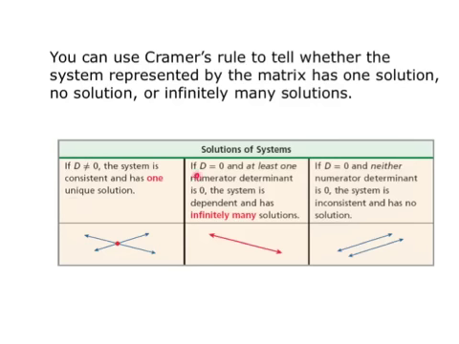If D equals 0 and at least one numerator determinant is 0, the system is dependent and has infinitely many solutions. If D equals 0 and neither of the two numerator determinants is 0, the system is inconsistent and has no solutions.